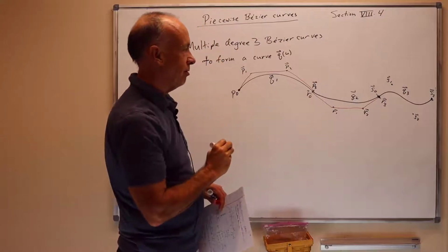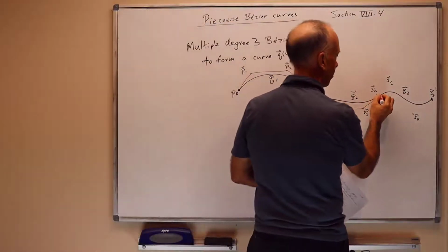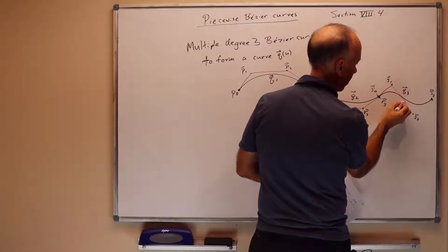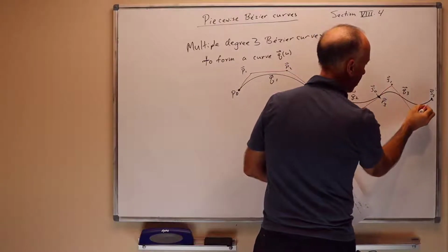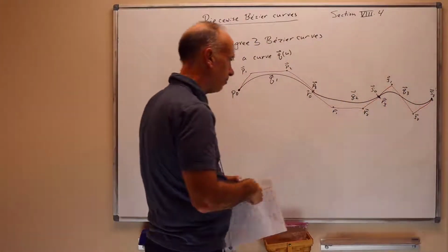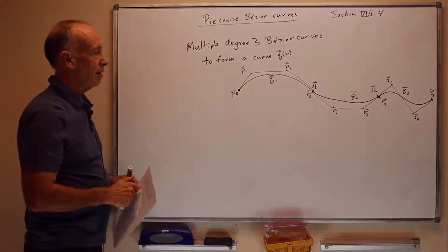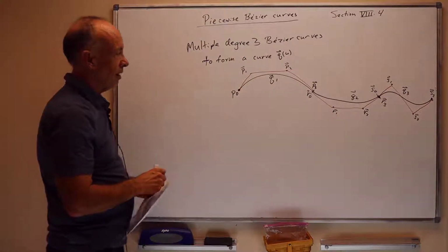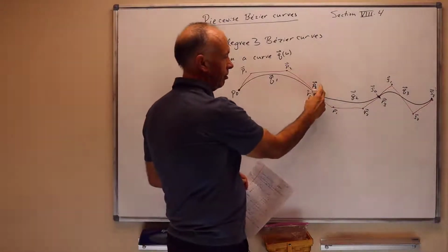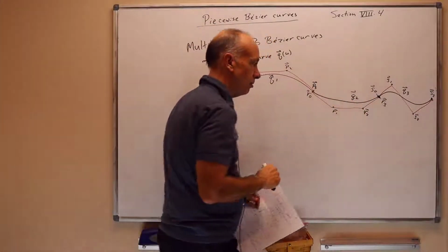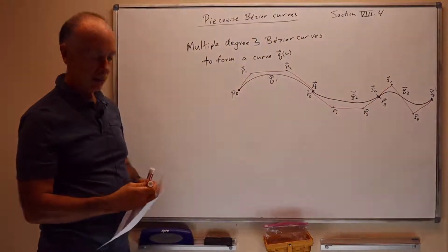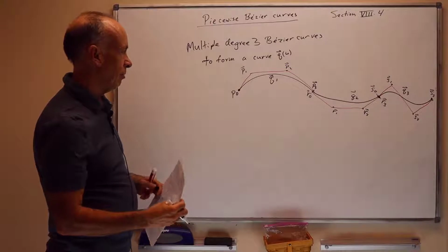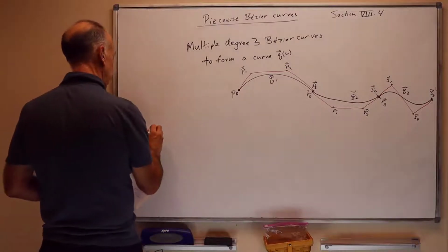And finally, for Q3, its control polygon goes from S0 to S1, to S2, and finally to S3. And we're going to use the fact that these control polygons join up smoothly to later on to talk about having a smooth curve. But first, let's talk more about just Q and its continuity properties.